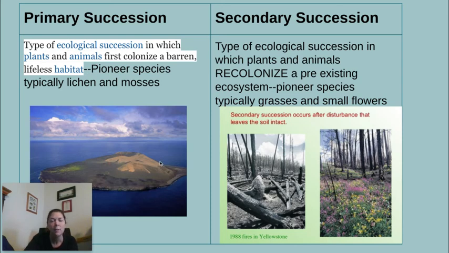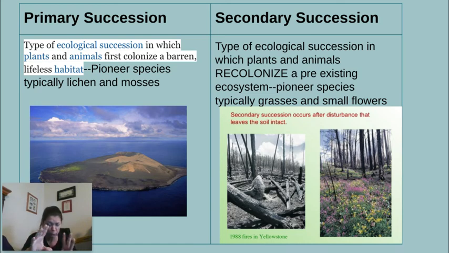Well, what happens is pioneer species, typically what we call lichen and moss, will move into the area and they will slowly break that rock down into soil. Now, this is going to take many, many years for you to get enough soil that's able to sustain smaller plants.